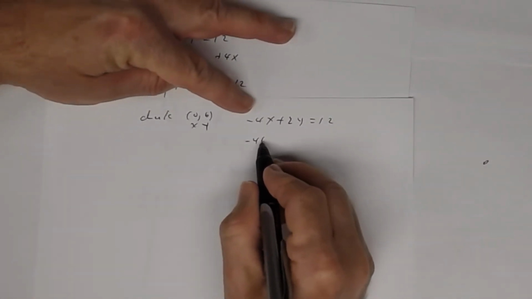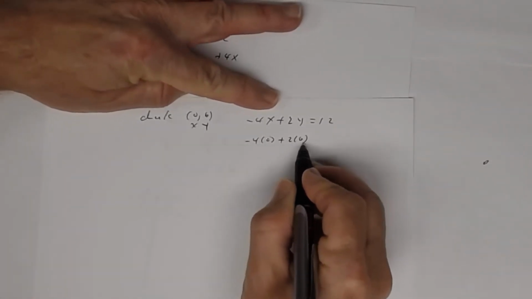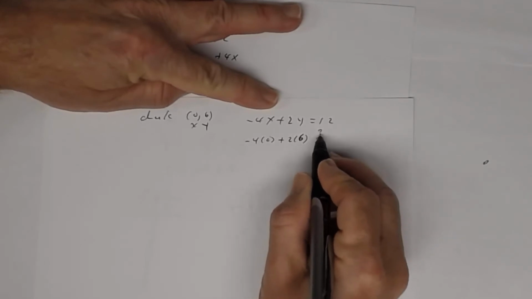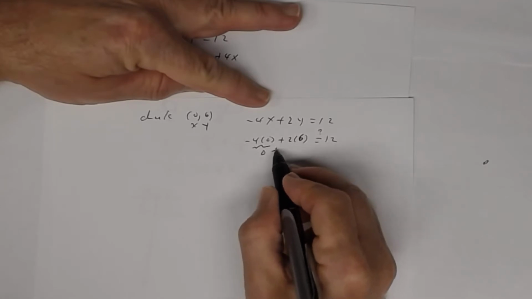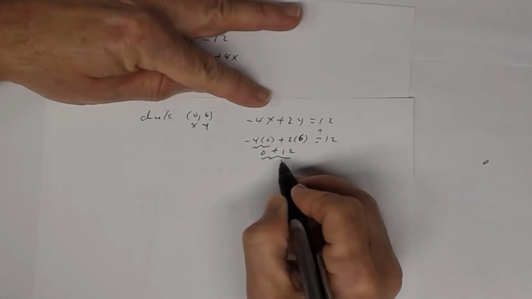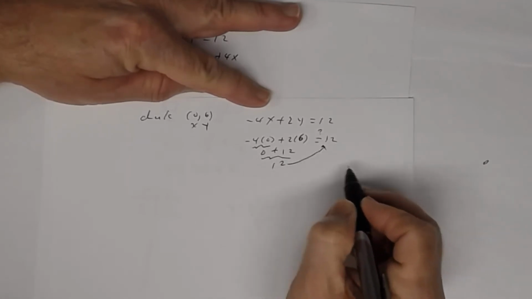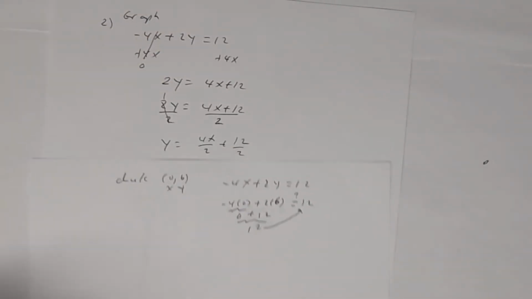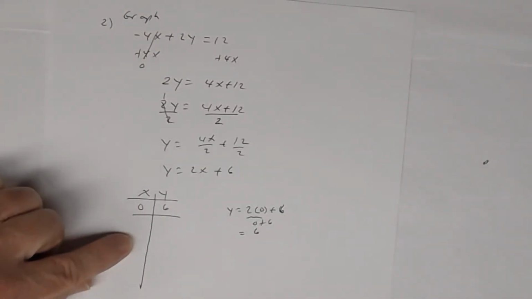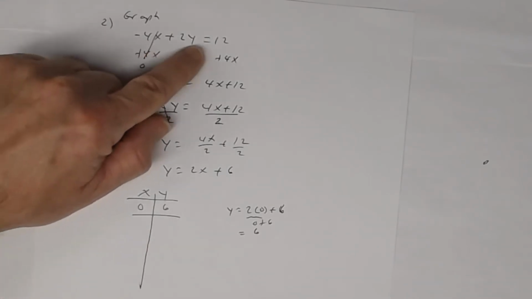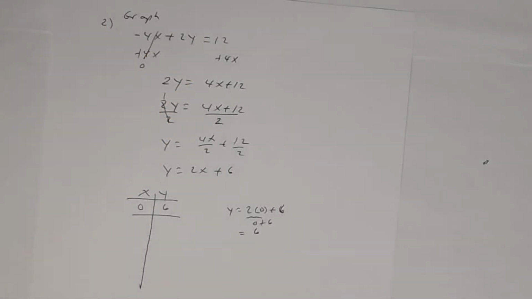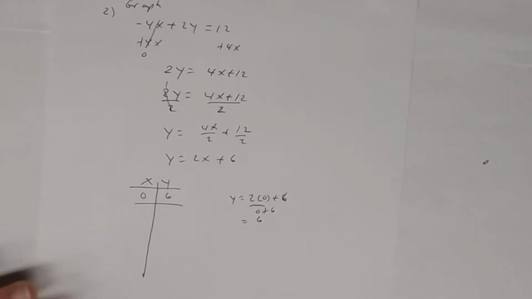So I get negative 4 times 0 plus 2 times 6, and I want to see if that's equal to 12. Well, negative 4 times 0 is 0, 2 times 6 is 12, and then 0 plus 12 is 12, which is what this side is. All right? So as you find an ordered pair, you can always verify that it's correct by going back and checking to see if this side equals that side. And that's always a good idea to do.